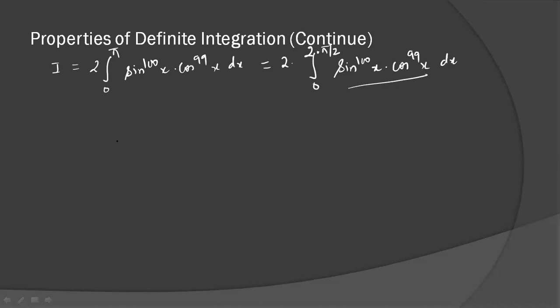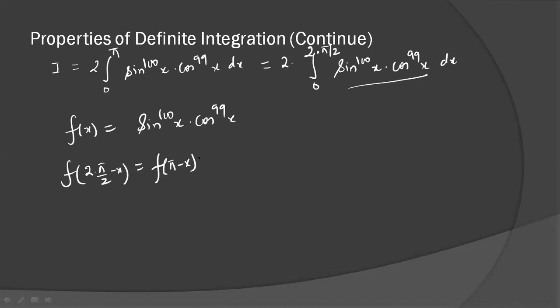So call it f(x) again. f(x) is sine to the power 100x into cos to the power 99x. Now f of 2a minus x: 2a is 2 into pi by 2, so it is f of pi minus x, because the upper limit is pi only. So it is sine (pi minus x) to the power 100, cos (pi minus x) to the power 99.